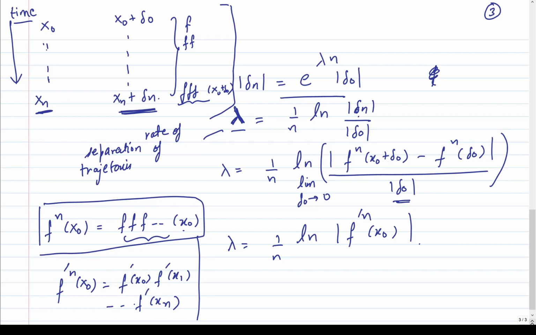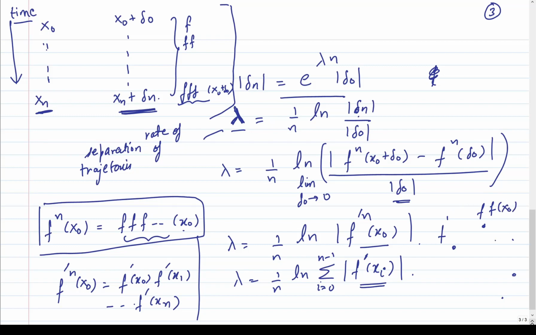That is cool, because now I can write this as a sum, where i goes from 0 to n minus 1, and I want to take the derivative at all the points of the map. So all the iterates, and I have to take the derivative across these points.